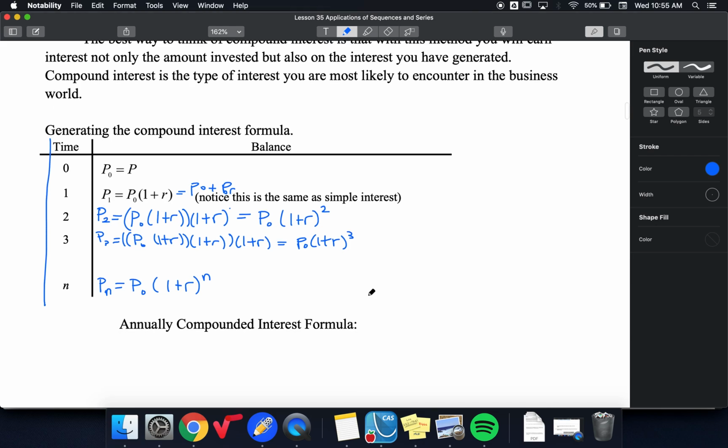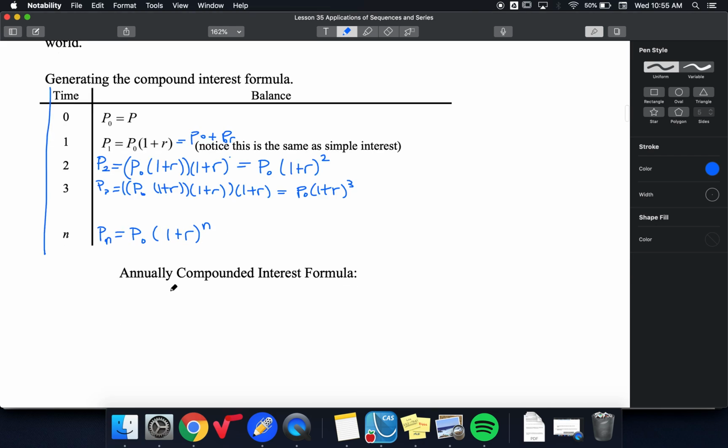But in general, we say that our annually compounded interest formula is that our principal amount is the initial balance times 1 plus R to the number of years that we have borrowed money. This formula is for annual interest rates, or interest that is compounded annually. So that's annually compounded interest.